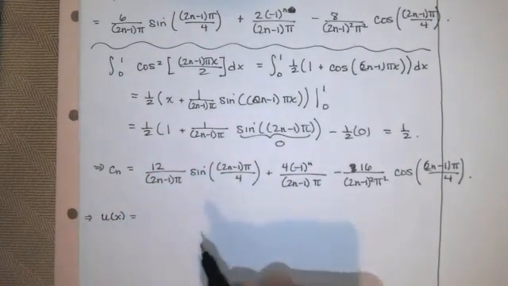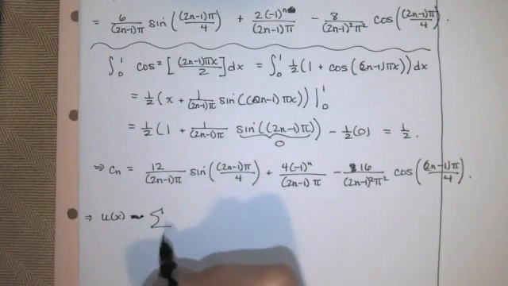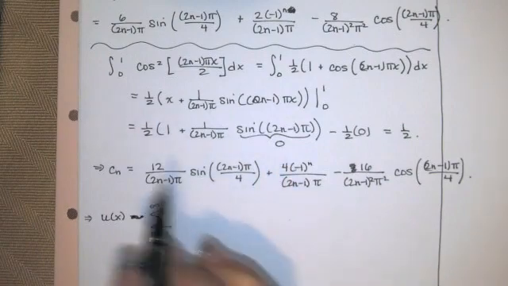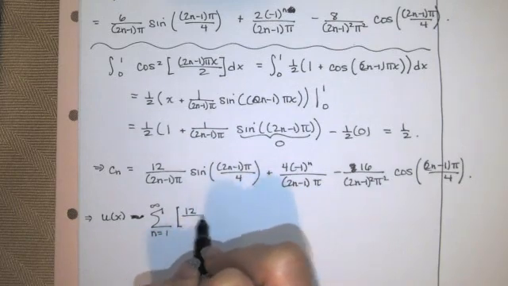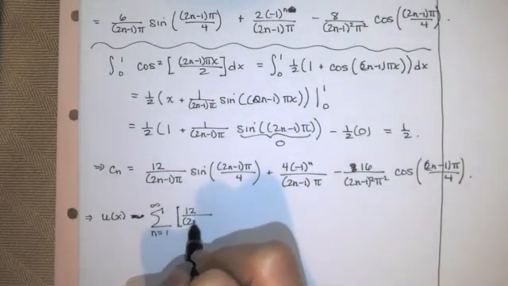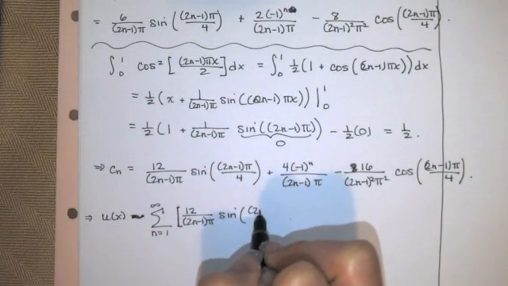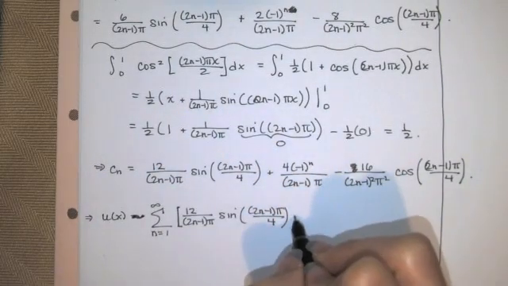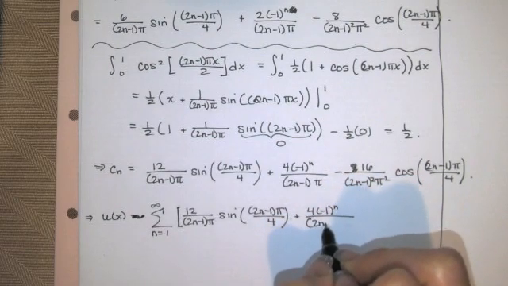U of x, well, corresponds to, let's use a little tilde to say it corresponds to this series. It's the sum as n goes from 1 to infinity of this. I think the person who wrote the solutions manual probably just simplified to make it a little cleaner, but also take up a little less space without all these extra factors.